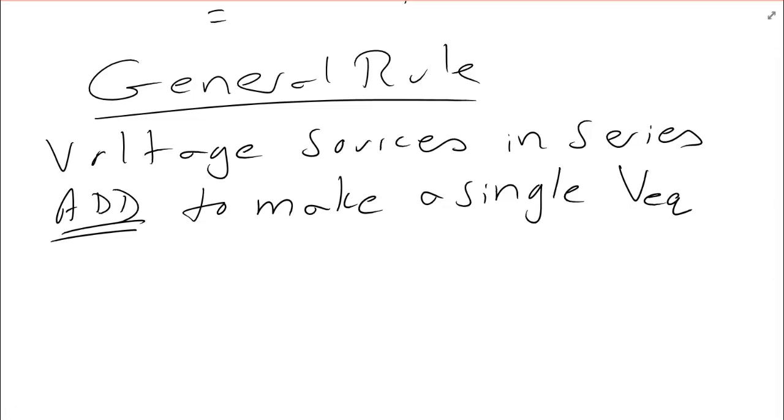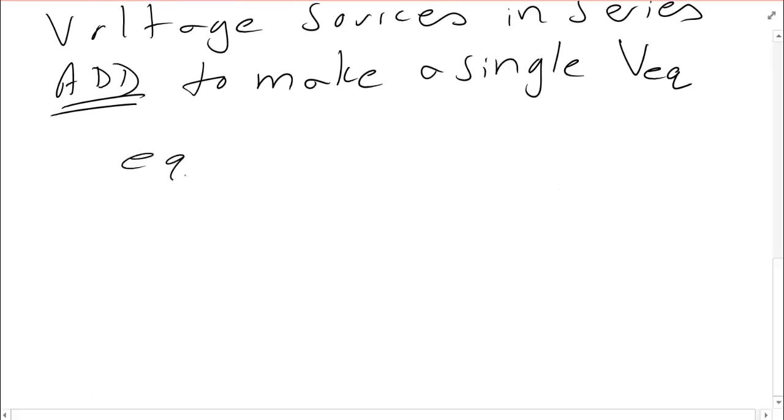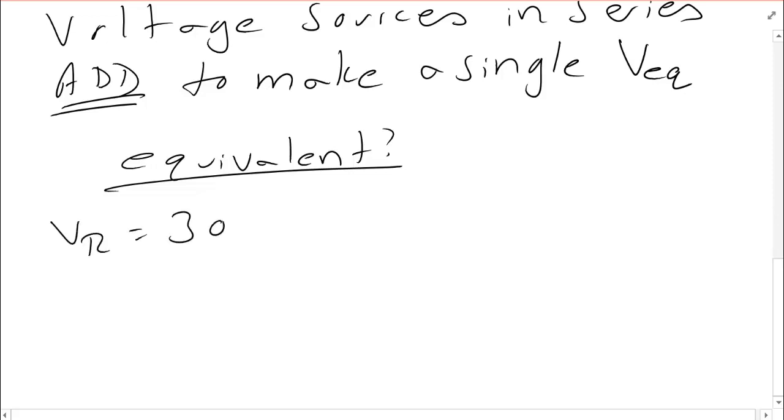What I would like to do is unpack what I just said there, because you're going to be hearing the word equivalent a lot. What does equivalent mean? In what sense? Well, in the sense above, I found that VR was 30 volts, and similarly, the current was 30 amps, whether I used the original circuit or the simplified one.